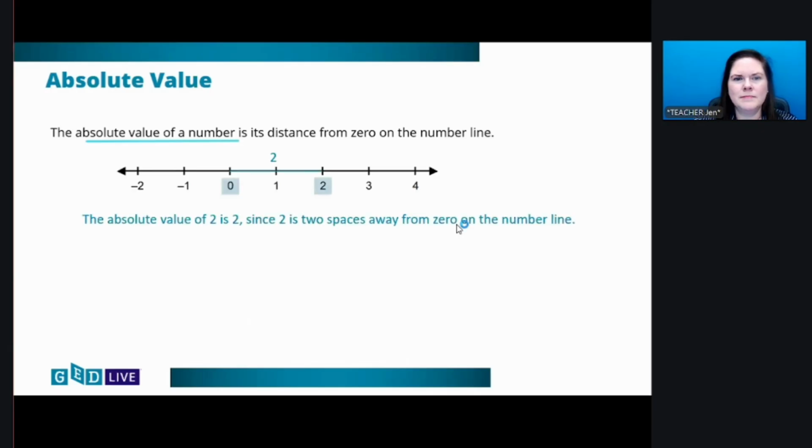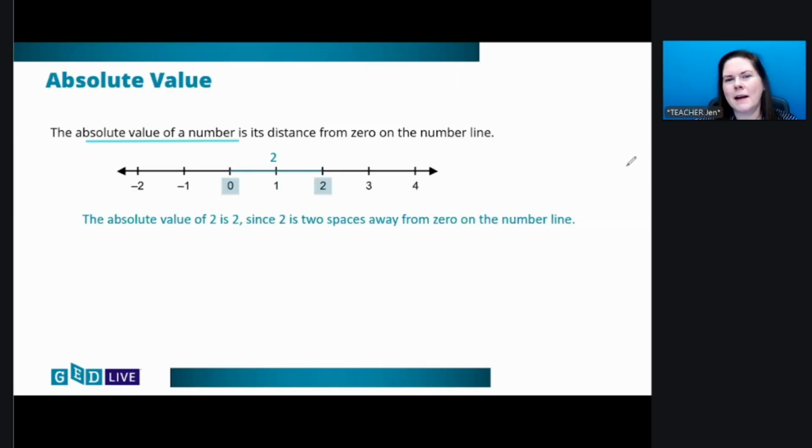So for example, if you wanted to know the absolute value of 2, notice what is highlighted on the number line here, and you counted the number of steps from 2 over to 0. 1, 2, we'd say the absolute value of 2 is 2. It's 2 steps away. The absolute value of 3 would be 3. It's 3 steps away on the number line.